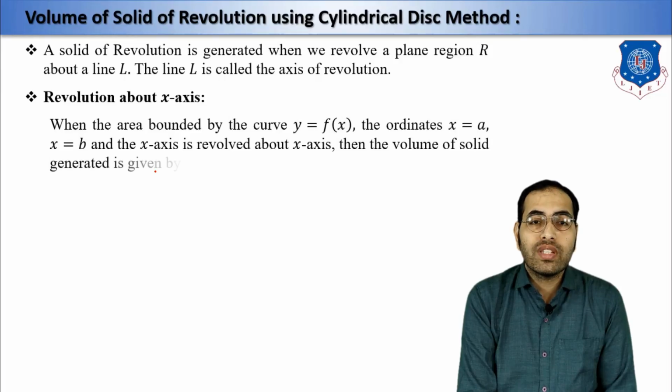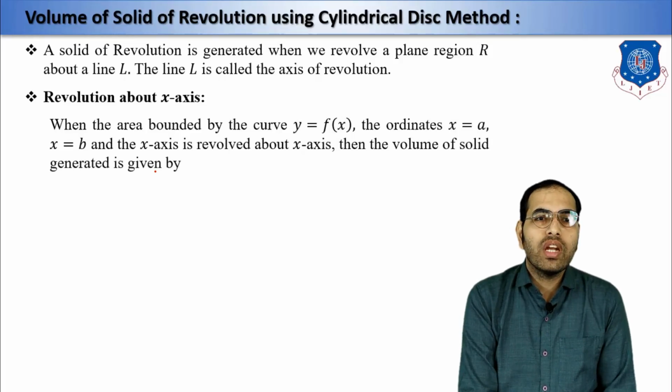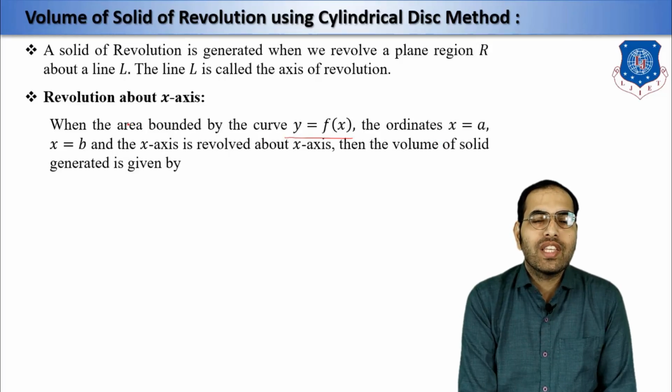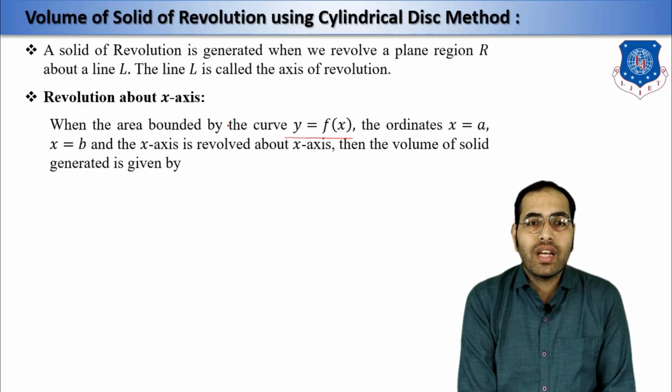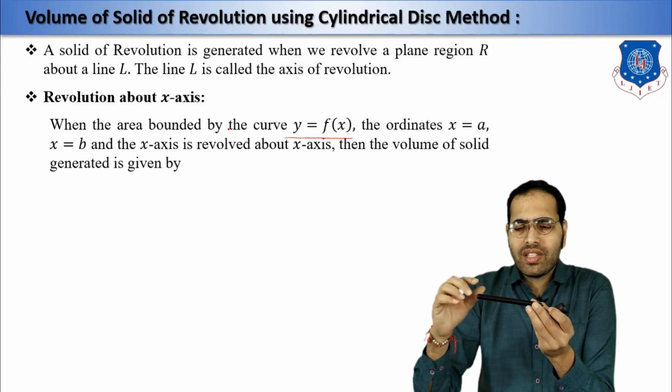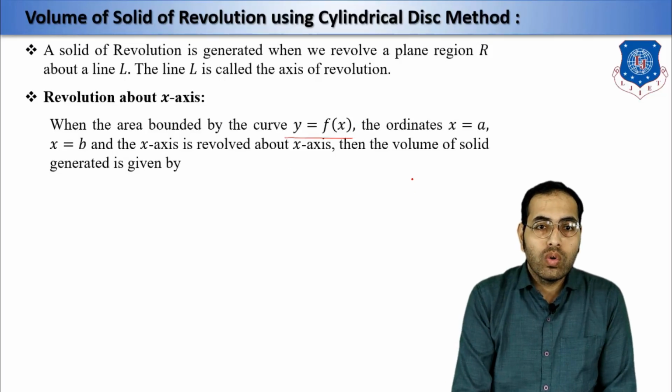Firstly, we have to discuss the revolution about the x-axis. When the area bounded by the curve y equal to f of x and coordinates x equal to a and x equal to b and the x-axis is revolving about the x-axis, we have here our x-axis and our curve.